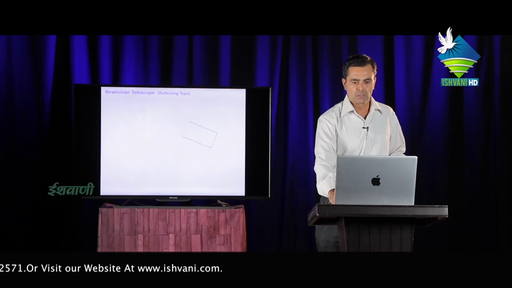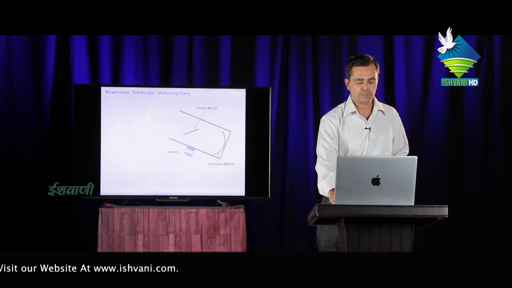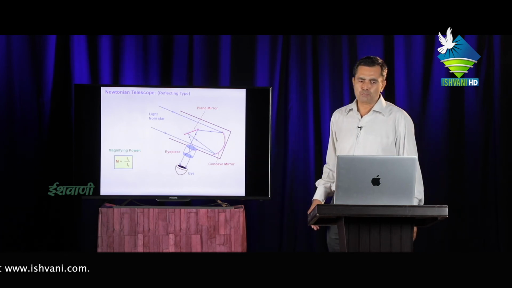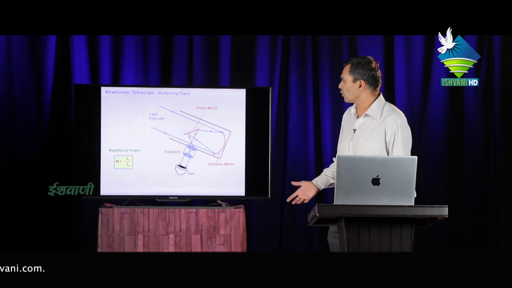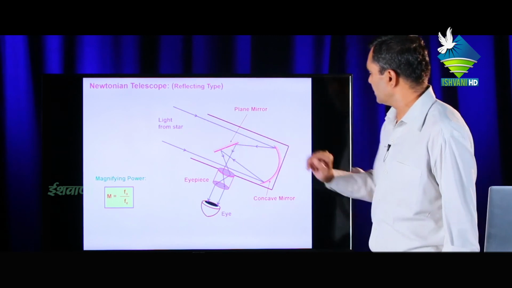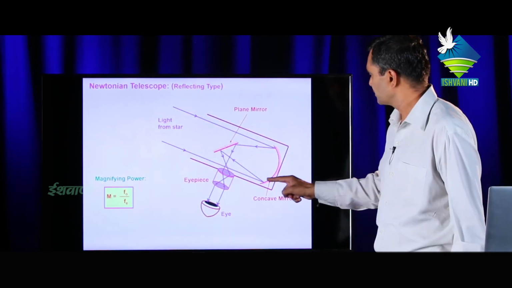Next question, Newtonian telescope, in which one concave and one plane mirror are used. Now let us consider light coming from the star incident on a concave mirror.